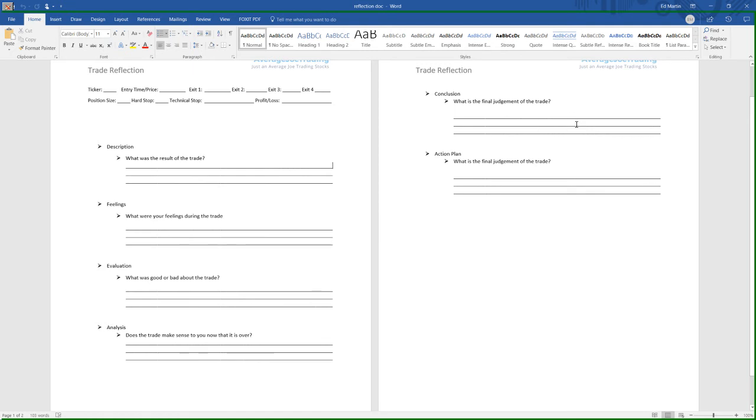But overall, we go to the final judgment of the trade. Overall, it was just a bad trade all the way around. What I'm going to have to do next is follow my trade plan. I have it right in front of me, written in front of me. There's no reason for me not to follow it.